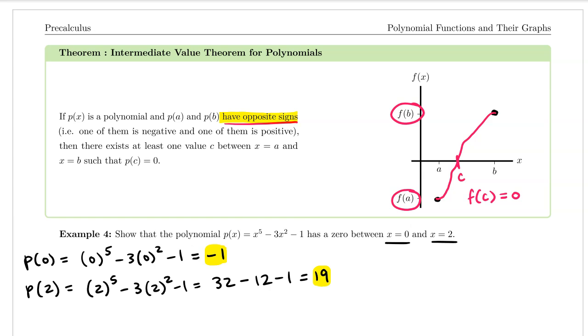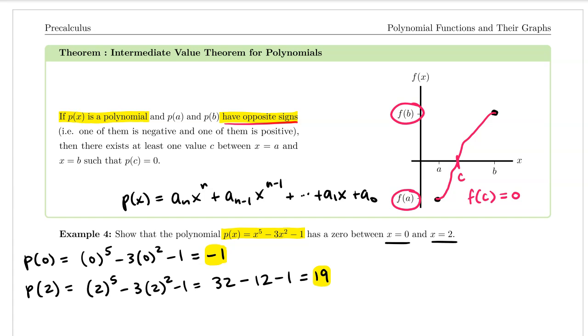We also need to meet the condition that the function that we're looking at is a polynomial, which it is, because it's of the form p of x equals a sub n x to the nth power plus a sub n minus 1 x to the n minus 1 plus dot dot dot plus a sub 1 x plus a sub 0. So because it's in that form, it qualifies as a polynomial, and therefore we have met the conditions of the intermediate value theorem for polynomials.